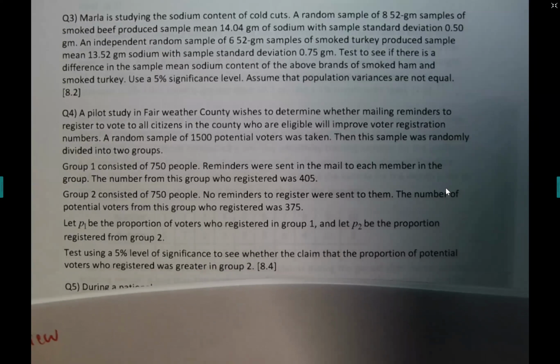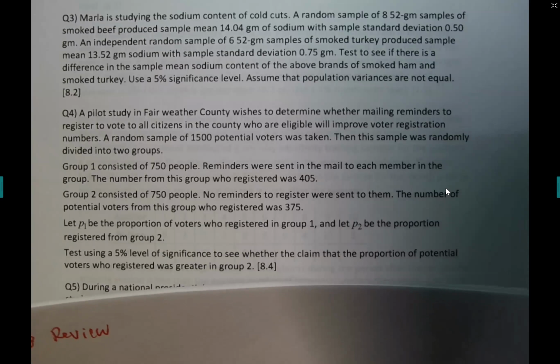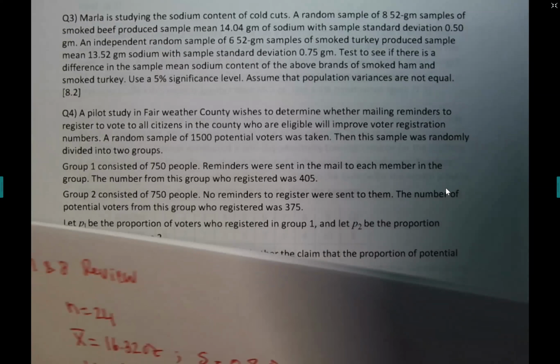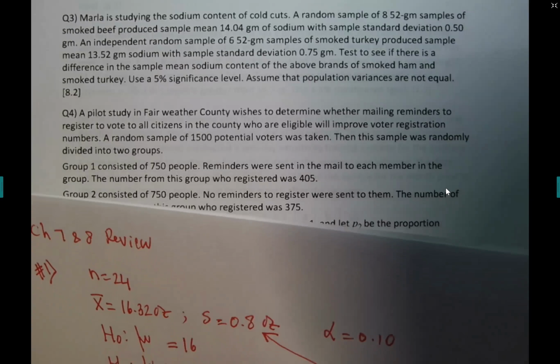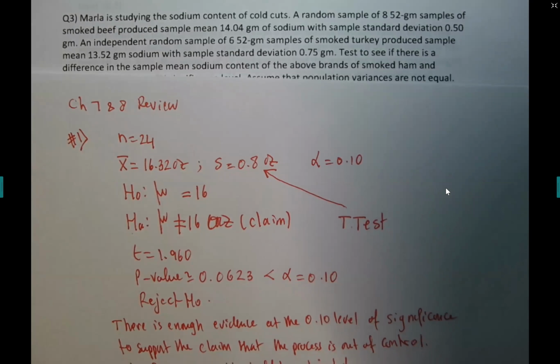A random sample of 8 52-gram samples of smoked beef produced a sample mean of 14.04 grams with a sample standard deviation of 0.5. So it's S. And when he says S, forget about the Z distribution. It has to be a T distribution, guys.